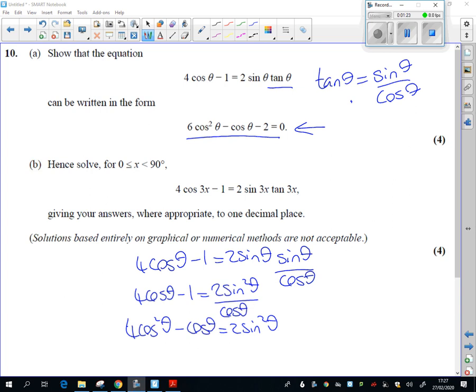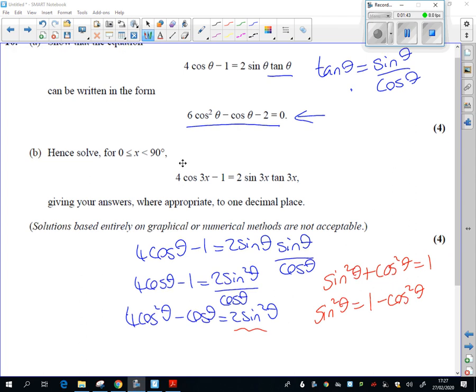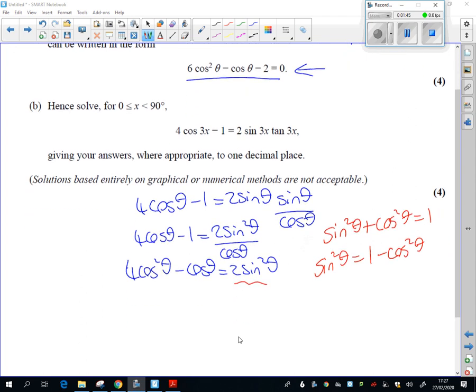So the other identity that you've learnt this year is that sine squared plus cos squared is 1, so I want to get rid of sine squared, so I can substitute that for 1 minus cos squared.